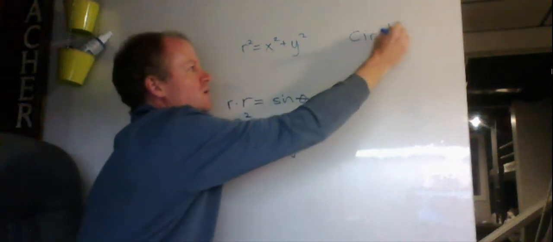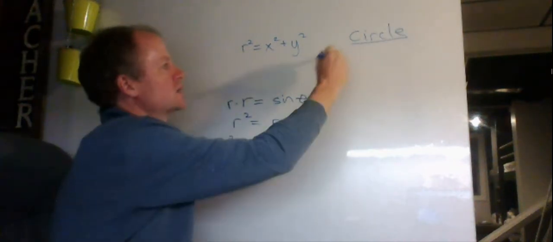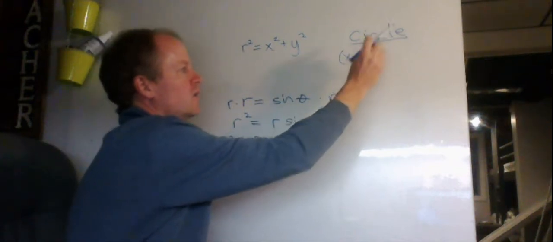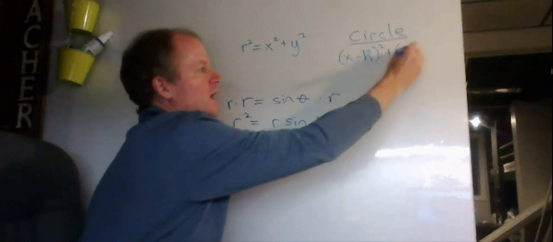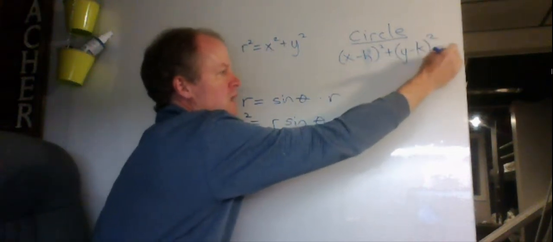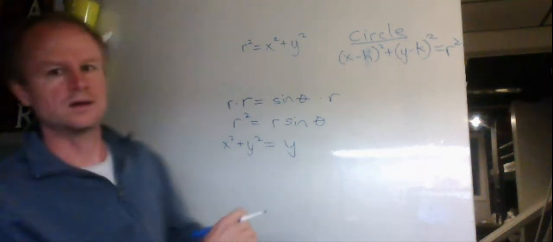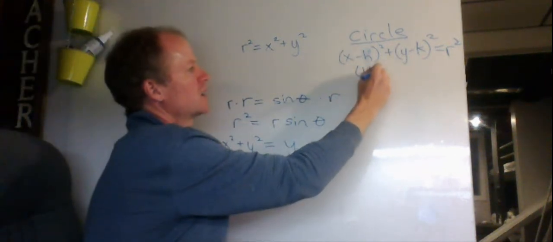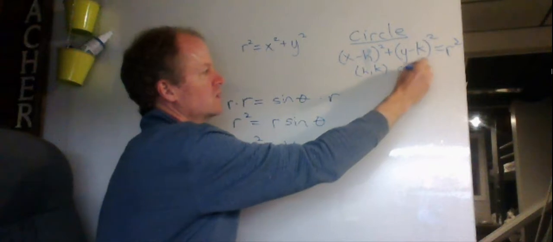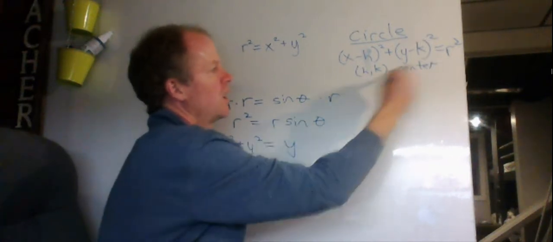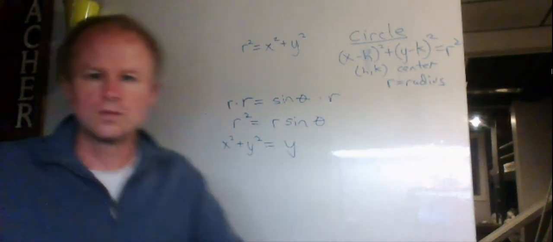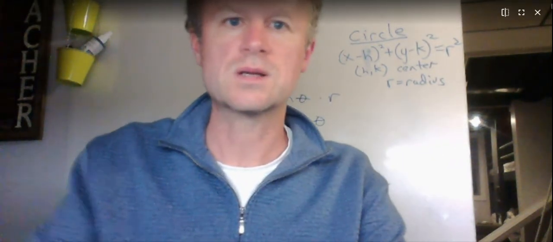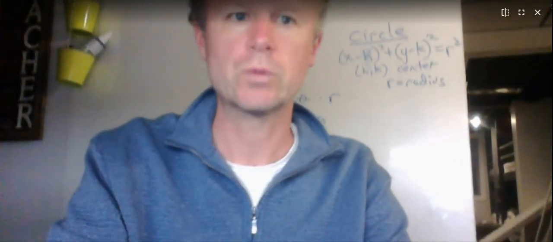Anytime I have a circle in rectangular coordinates, it's going to be x minus h squared plus y minus k squared equals r squared. The h and the k are always the center of the circle, and the r is the radius of the circle. Since I can pull up Desmos on here, I want to show you what that looks like. On Desmos, we can play with that idea.